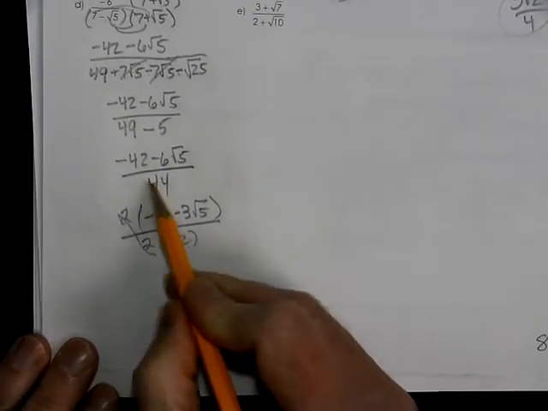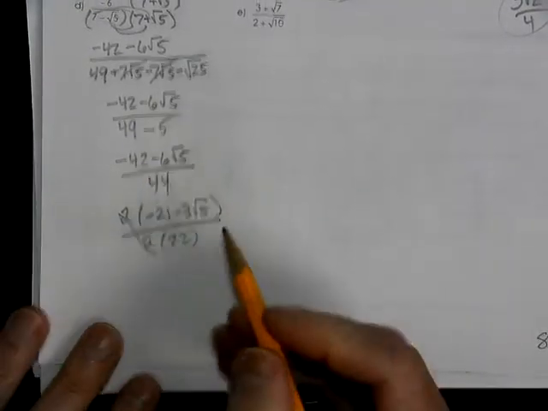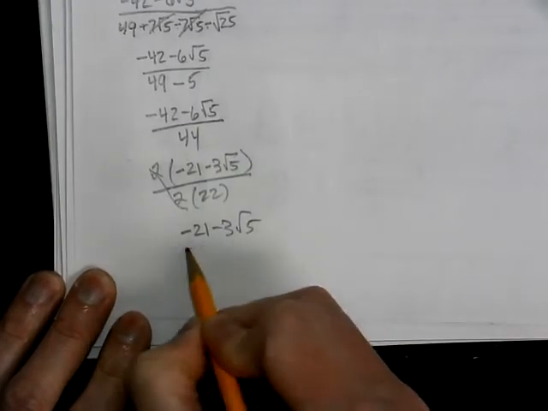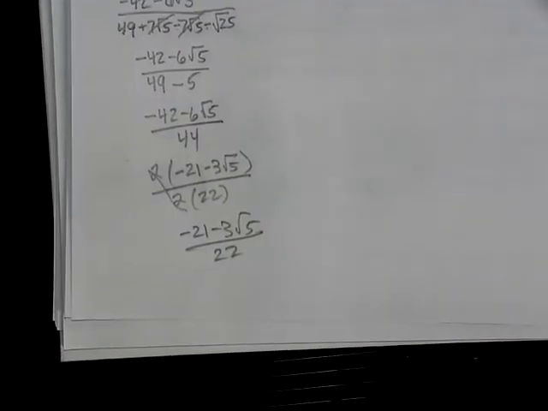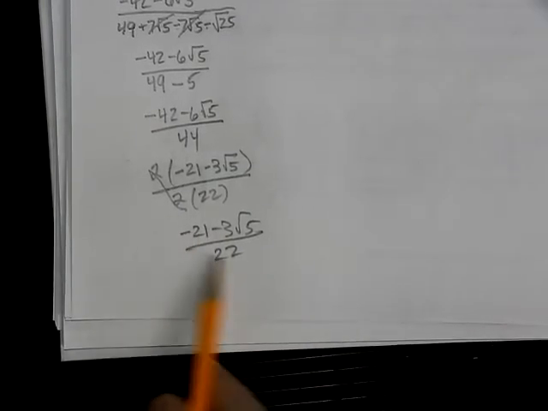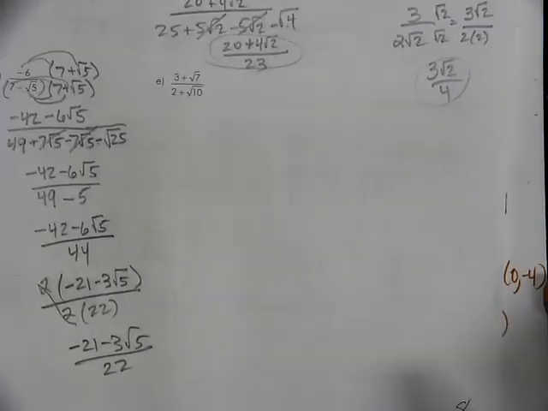You have to be able to reduce it out of both terms of your binomial on top. So your final answer is negative 21 minus 3 root 5 over 22. You can factor out a 3 if you wish, but there's nothing to reduce it with, so we don't do that. All right, last one.